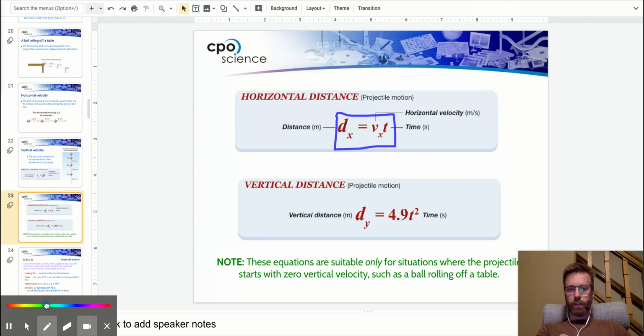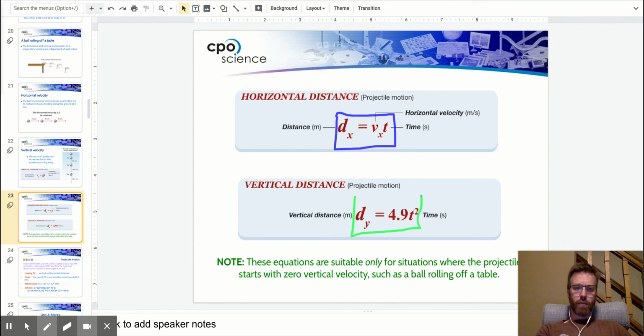But if we're going to deal with vertical distance, it's a little bit different. You notice the vertical distance depends on the time squared. That has to do with the idea that things go farther and farther and farther as they travel. So if you drop something from rest vertically, it's going to get faster and faster.